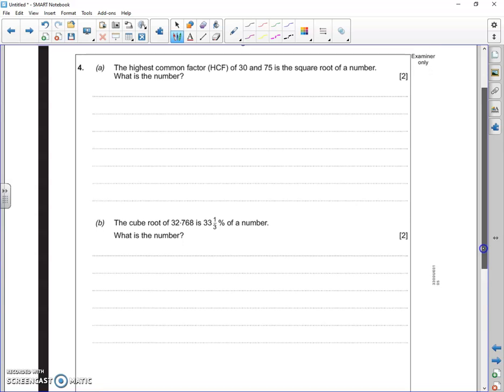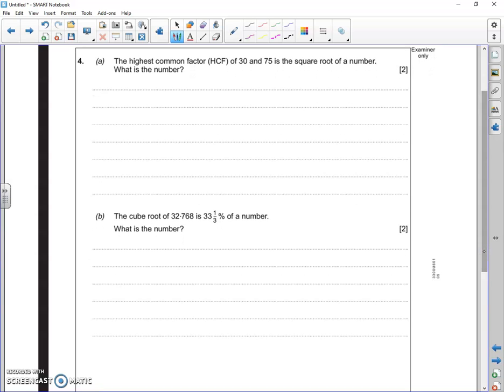Question 4. The highest common factor, the HCF of 30 and 75, is the square root of a number. What is the number? There are two parts to this question. First of all, we need to find the HCF of 30 and 75. To find factors, I would do this in pairs. So 1 times 30, 2 times 15, 3 times 10, 4 doesn't work, 5 times 6.